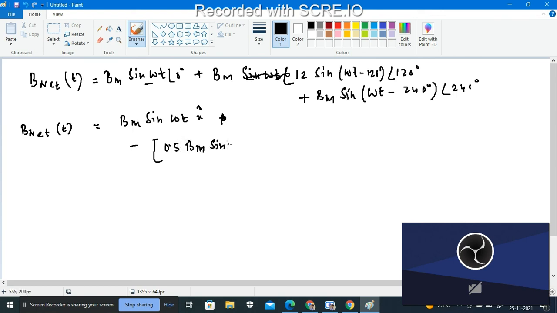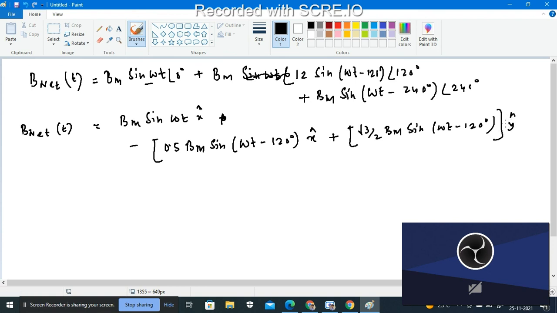bm sine omega t minus 120 degree x mod plus root 3 by 2 bm sine omega t minus 120 degree y mod.